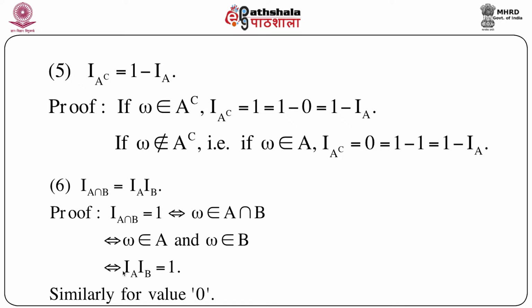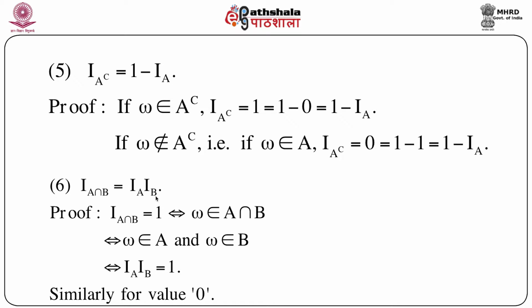And this implies and is implied by omega belongs to A, meaning IA is 1, and omega belongs to B, meaning IB equals 1. So IA into IB equals 1. So what we get is that I of A intersection B equals 1 implies and is implied by IA into IB equals 1.